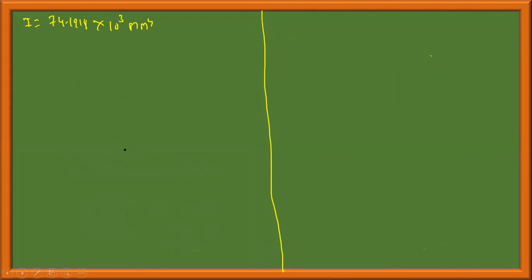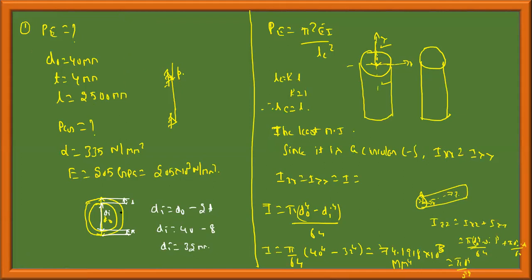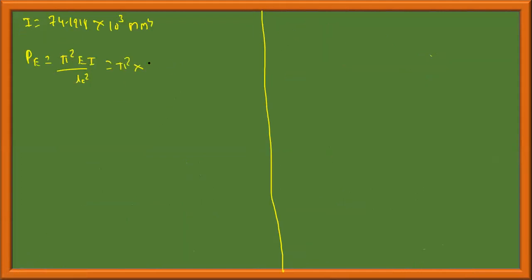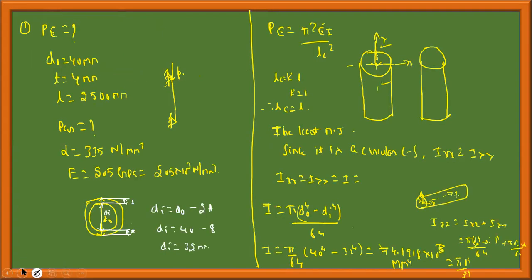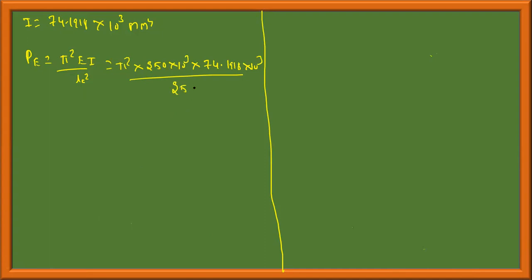Okay, next directly Euler's working load P, which is pi square EI by LE square, which is equal to pi square into Young's modulus E, which is 250 GPa, 250 into 10 power 3, into 74.1918 into 10 power 3, by length 2500 mm, 2500 square.